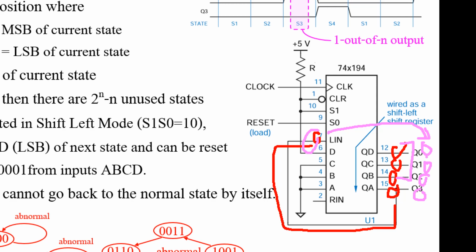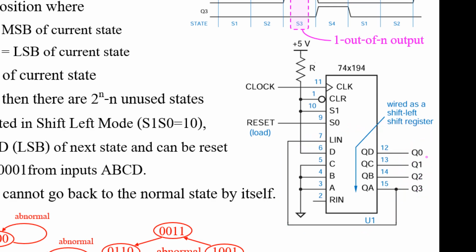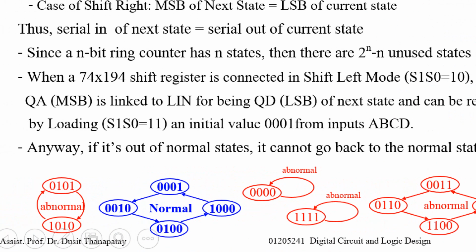That means when the circuit or state machine is lost to some unused state, it cannot go back to the normal state by itself. You need to apply reset. For example, apply 1 here to make this circuit become the initial state of 0, 0, 0, 1. And this is to show you some state diagram.